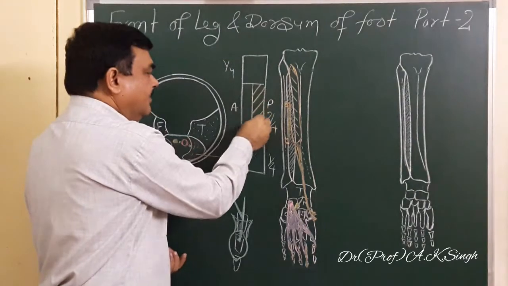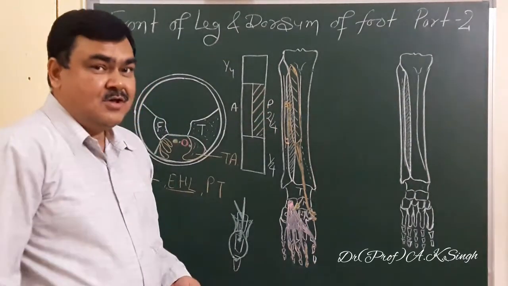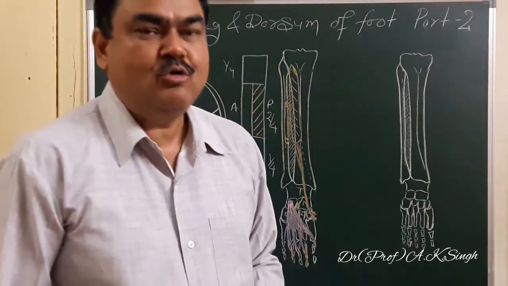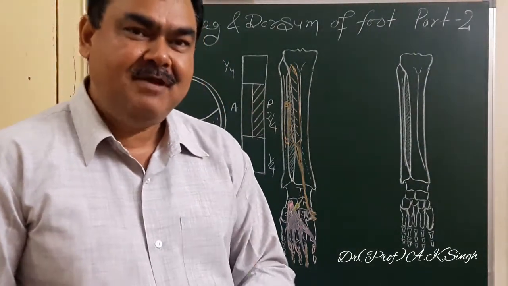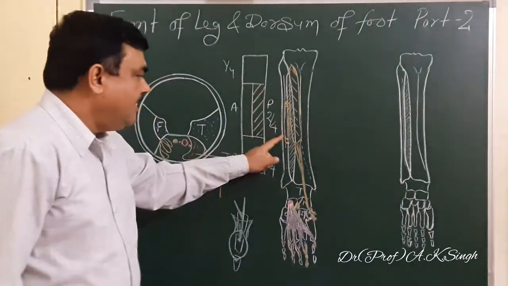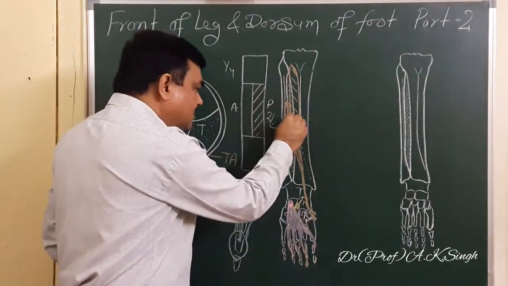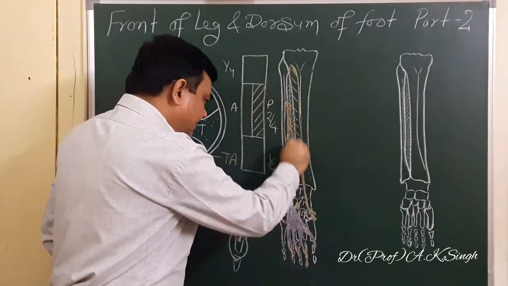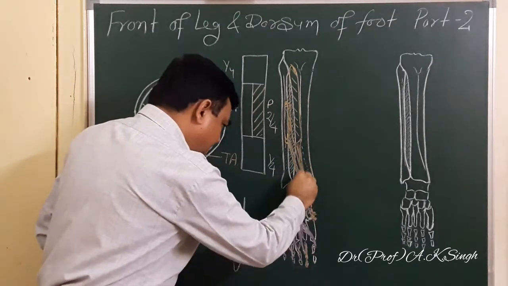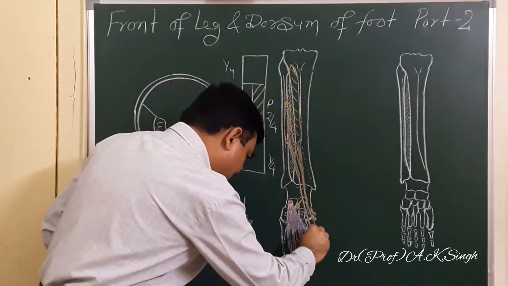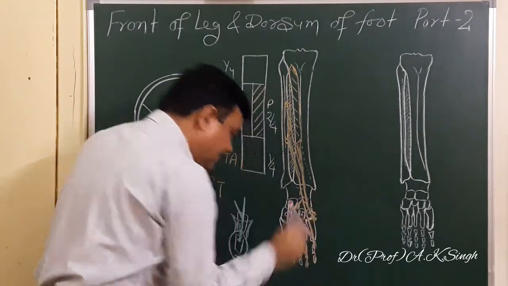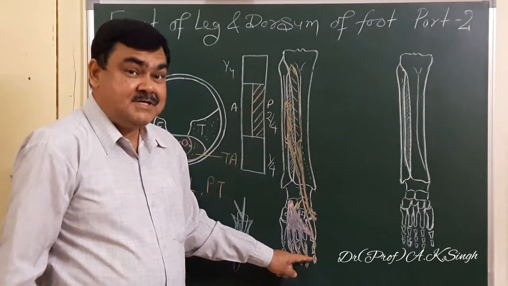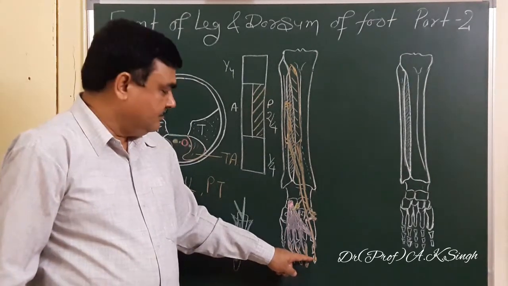So this muscle, extensor hallucis longus, takes origin from this part. This part is posterior half of middle 2/4 of medial surface of fibula. So it takes origin from here and adjoining part of the interosseous membrane like this, and this tendon passes like this and is inserted on here, on the dorsal surface of the base of distal phalanx of big toe.